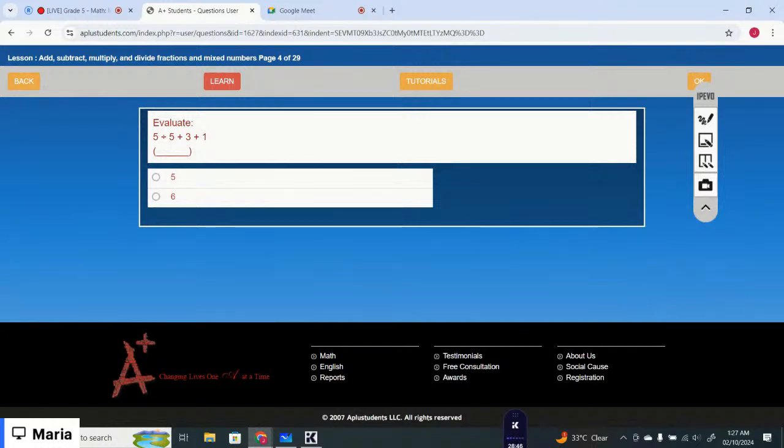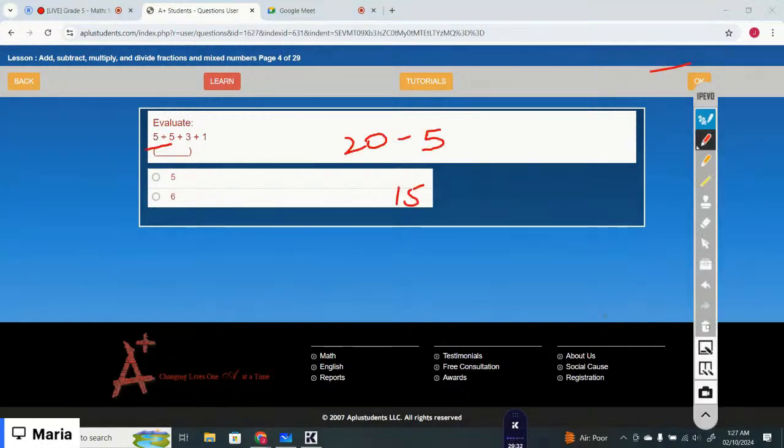Going from left to right, you have to divide first, right? 5 divided by 5 is 1.